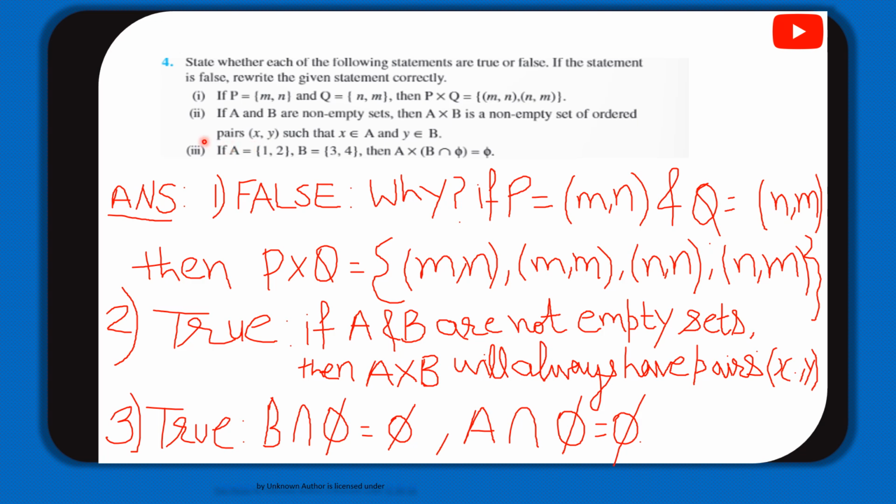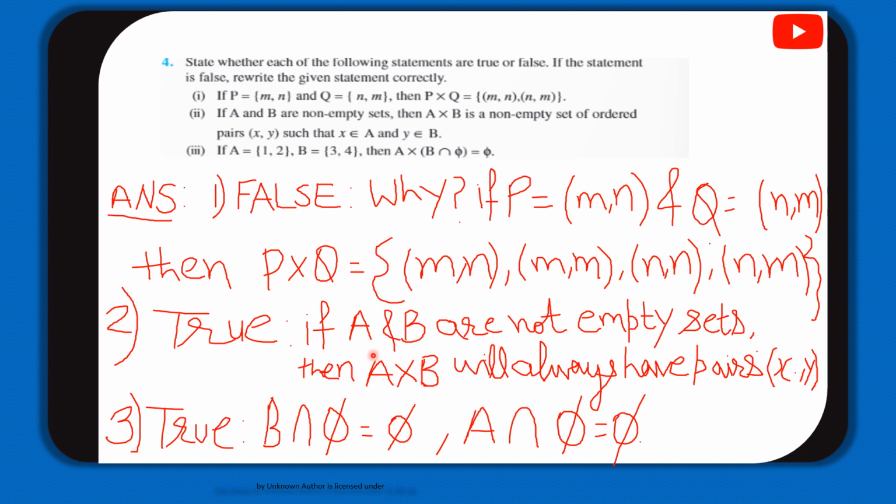Second question. If A and B are non-empty sets, then A multiplied by B is a non-empty set of ordered pairs (x, y), such that x belongs to A and y belongs to B. This is true.